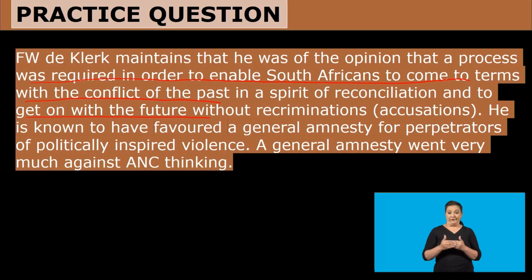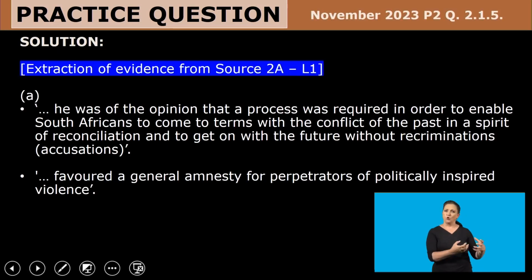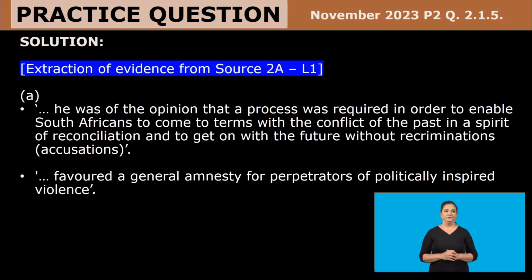Get on with the future without recriminations or accusations. He is known to have favored a general amnesty for perpetrators of politically inspired violence. A general amnesty went very much against ANC thinking. So you can see both de Klerk and ANC are mentioned in the source, and it shows you what they wanted.